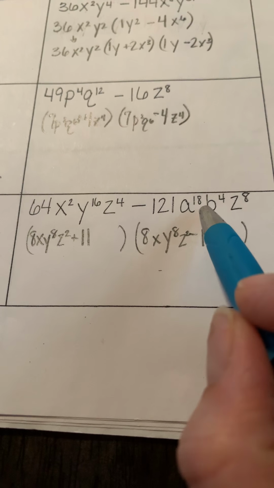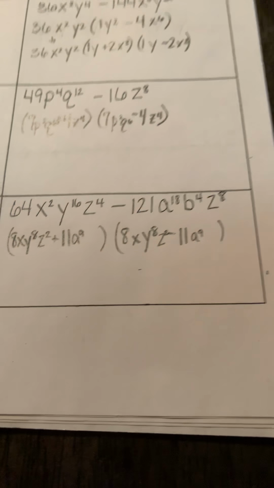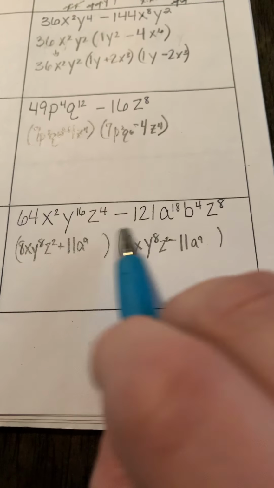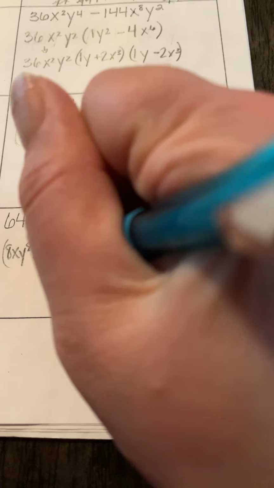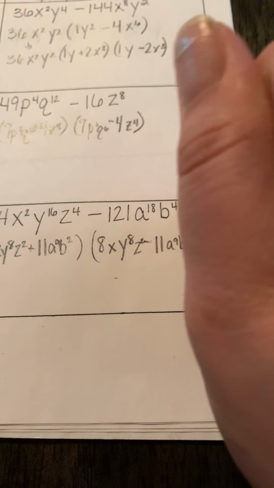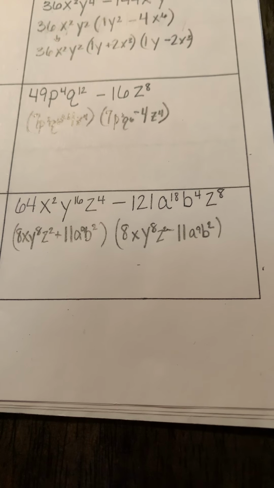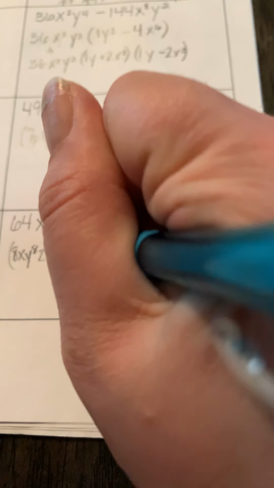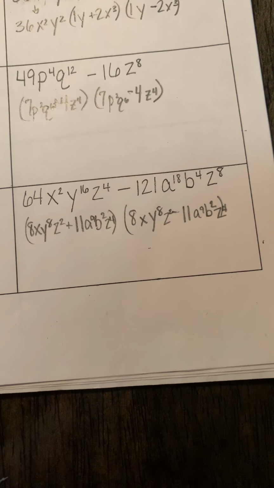A to the 18th, divide that by 2, you get 9. And b to the 4th, you get 2. And z to the 8th, 8 divided by 2 is 4, so z to the 4th. And that is simplified.